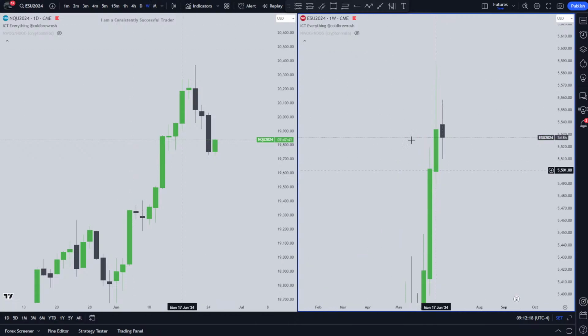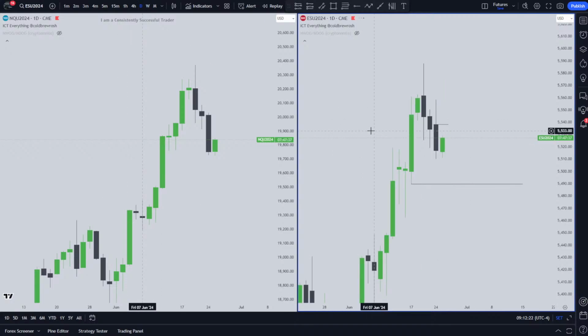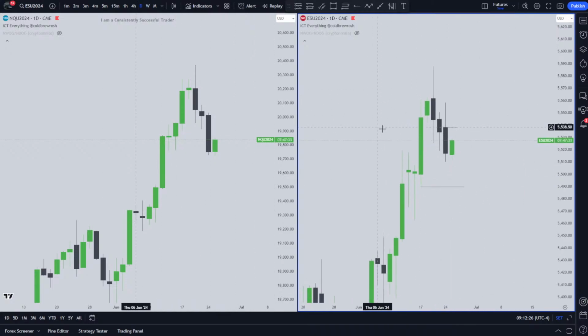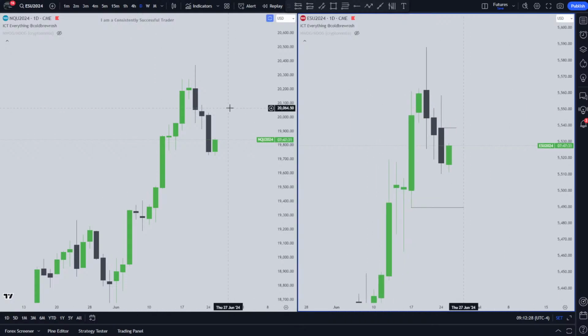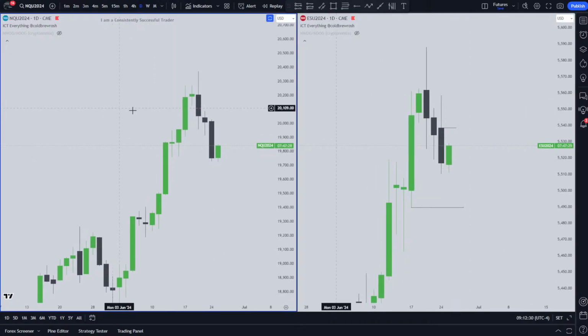Don't forget that weekly was here. I need to see that. Okay, so that's that low there. Monday did create a nice power of three. Look at that. Ran out the previous day high for a complete closure below.